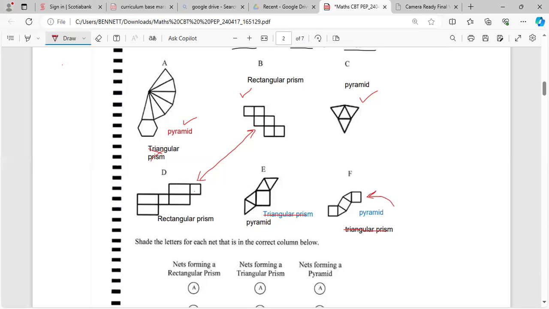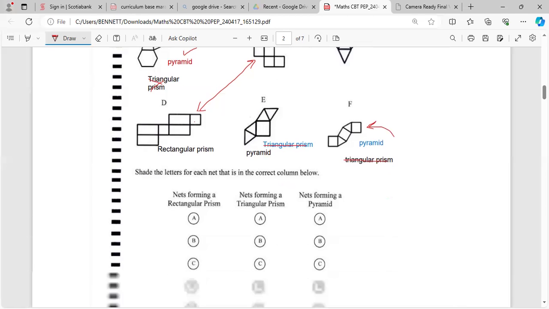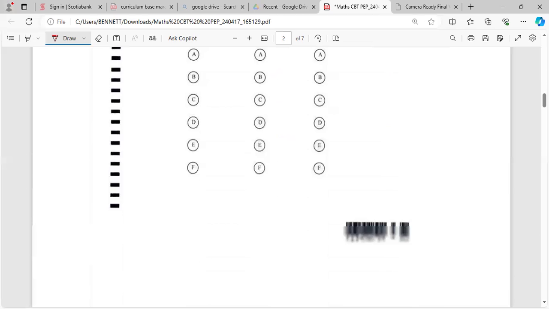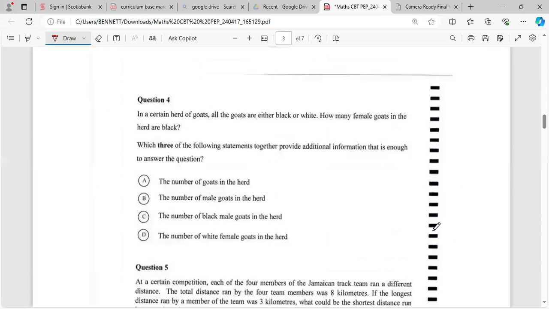All right. So guys, we can move on from this now. We spent a long time on it, but it's worth it though. That normally comes on the paper, you know, guys. Both pyramid and prism.